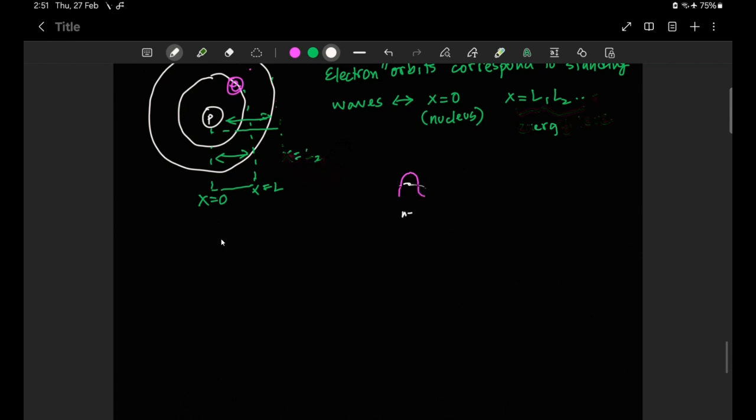So you have 1, you have 2, you have 3, you have 4, and you have 5. So it started here and it ended here. So the waveforms are attached at the endpoints. So this is a perfect or good solution if we were to solve the Schrodinger equation for the hydrogen atom. This is a very hand wavy way in which I'm explaining it, just for proper visualization. Okay, so this is a legal solution.